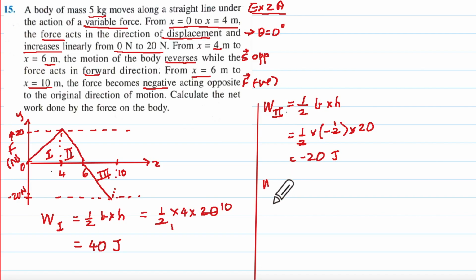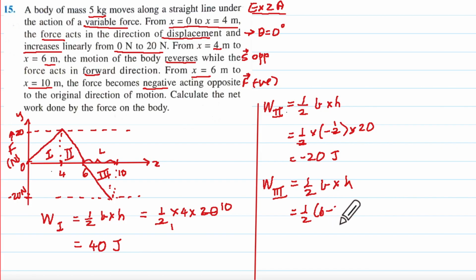Then we come to the third part, that is this one over here. So W3 is going to be the area of this triangle, which will be again half base into height. Now remember, the body is going this way, so your base is going to be negative.